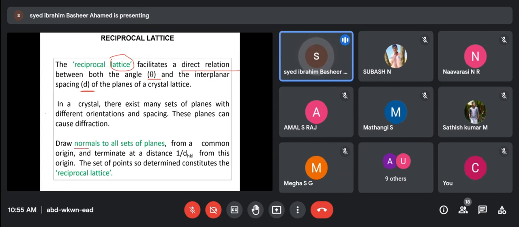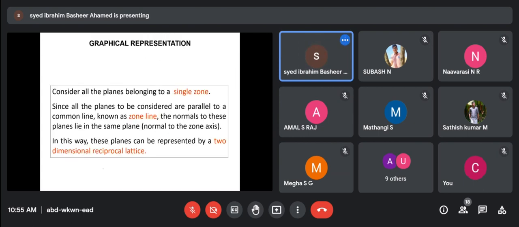Condition 1: draw normals to all sets of planes from a common origin. Second, terminate each at a distance of 1 by d_hkl. The set of points so determined from this origin constitutes the reciprocal lattice.